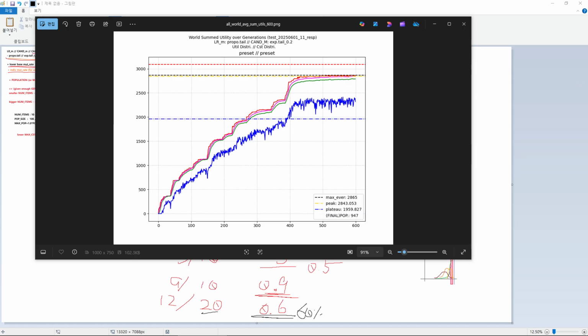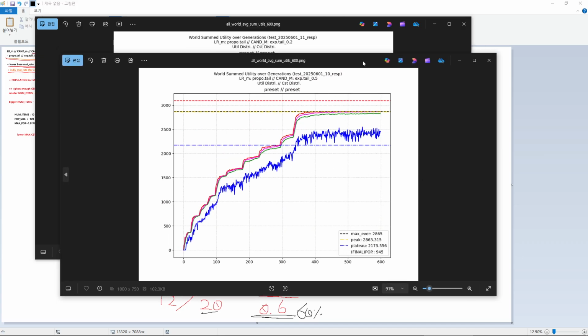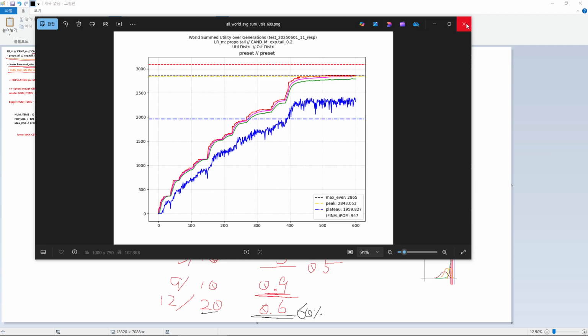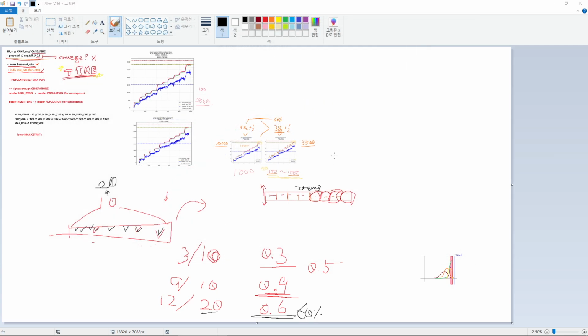Yeah, so 600 generations. But there's one caveat.